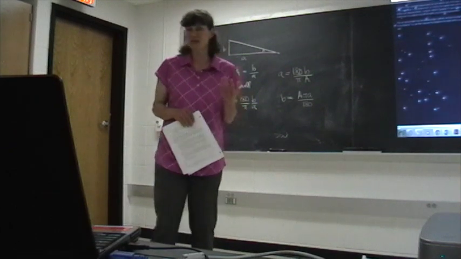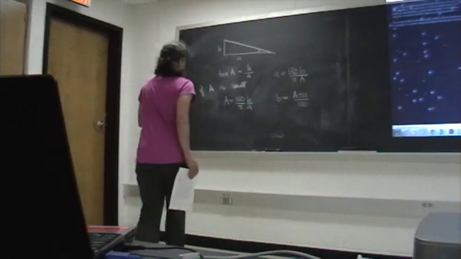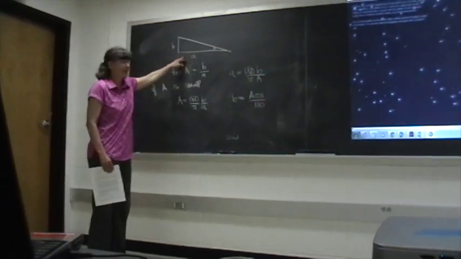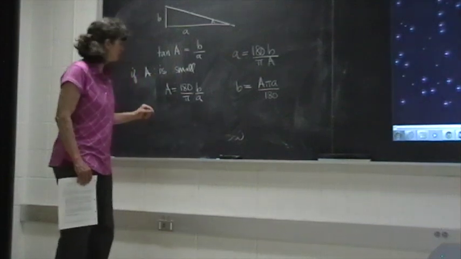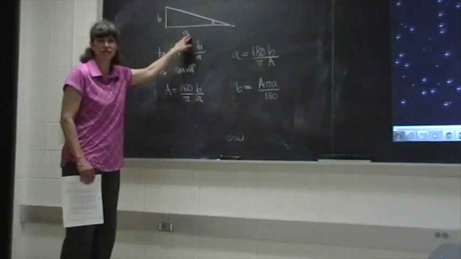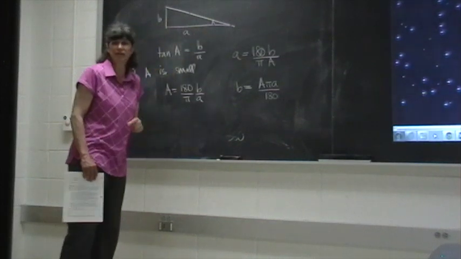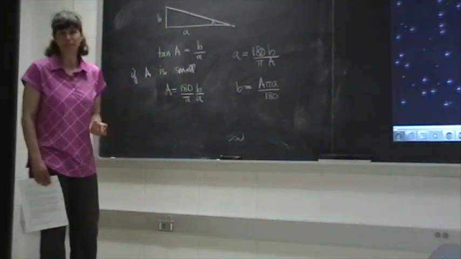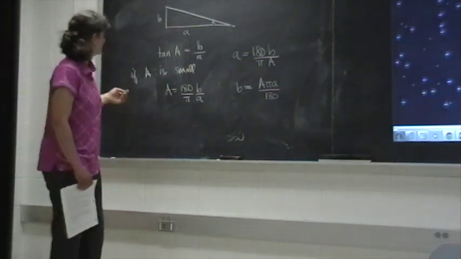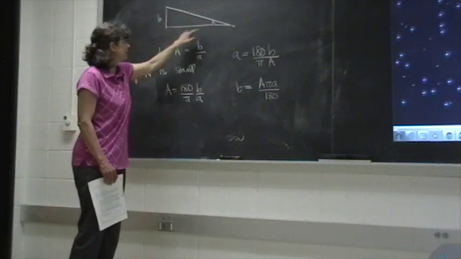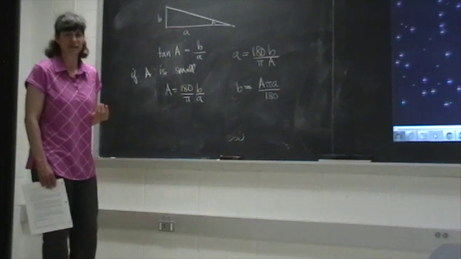Let's remind ourselves a little bit of the math that we're going to be doing for this particular lab. You may remember having a right triangle with 2 sides and a hypotenuse and some angle. We'll label the 2 sides, the longer of these 2 sides A, the shorter of these 2 sides B, and the angle that we're going to measure we'll use as capital A. And then geometers realized that triangles that have a right angle and these same set of angles always have the same ratios for the different values of the sides.